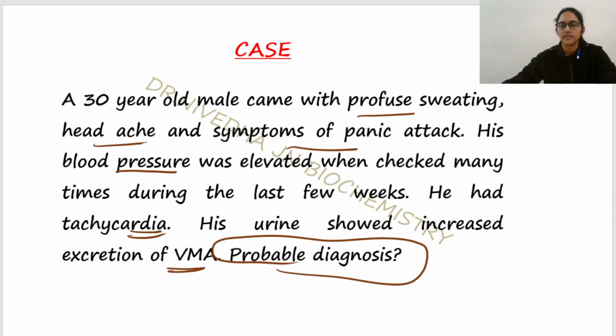There are symptoms of profuse sweating, headache and panic attack. BP was elevated, there is tachycardia, VMA in the urine. So what is the probable diagnosis?